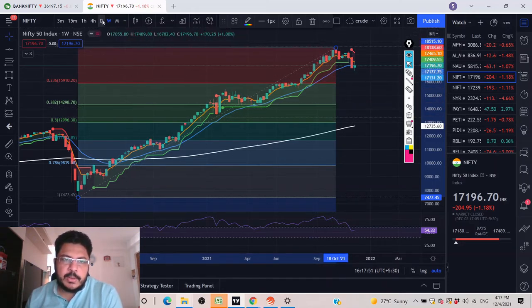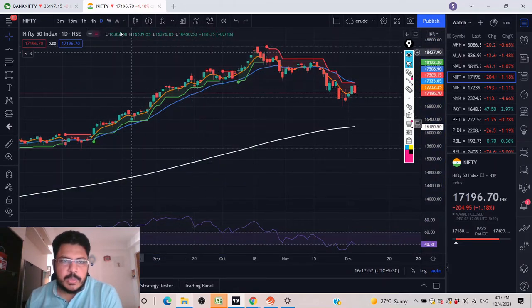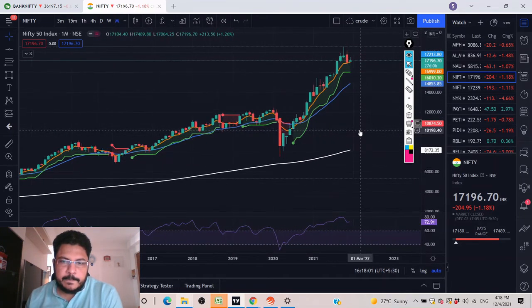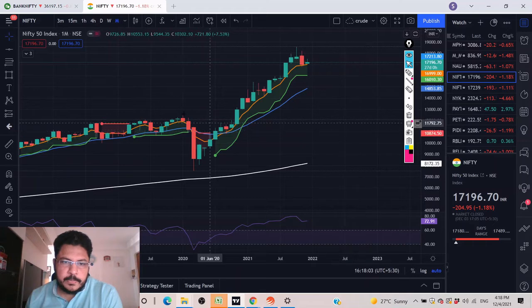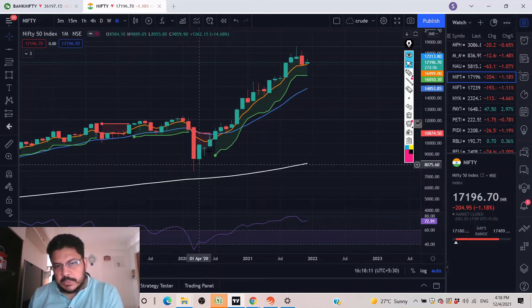What happened when the Corona fall came? Let's look at that on a monthly time frame. Now see, when this kind of move happens, you feel the market has fallen very big, but after that, when it recovers completely, this move will appear very small to you.